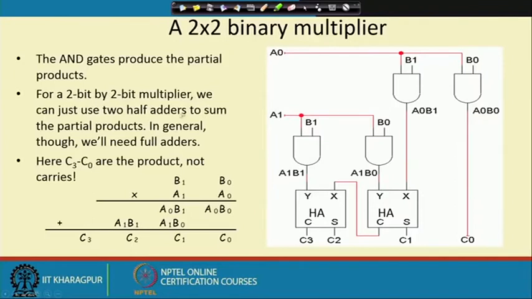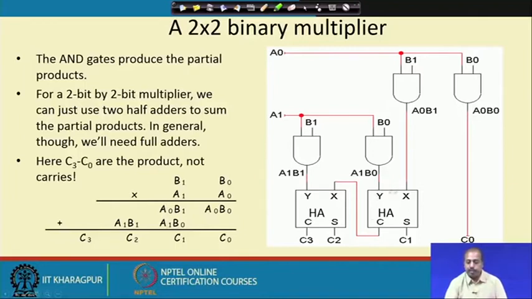Okay. So, this is the circuitry for that. This generates A0 B0, then this generates A0 B1, A1 B0 and A1 B1. A0 B0 is not added with anything, so it directly comes at the result output C0. Then A0 B1 and A1 B0 are to be added.